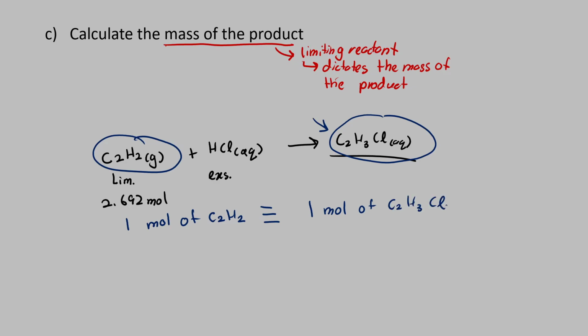So it makes sense that if we have 2.692 mole of C2H2, we also have 2.692 mole of C2H3Cl, right?